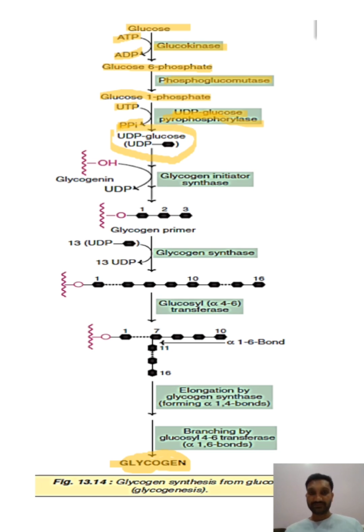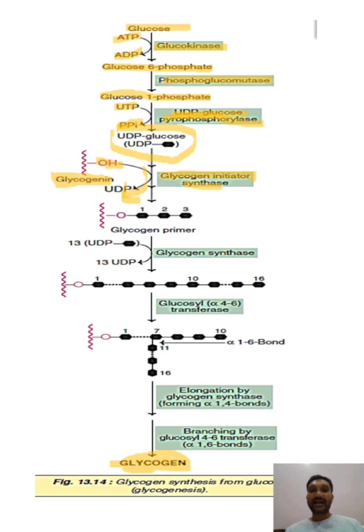This is the first stage. After that we require an initiator molecule or primer, and here the primer is the glycogenin molecule, in which the OH group of the amino acid tyrosine is free.